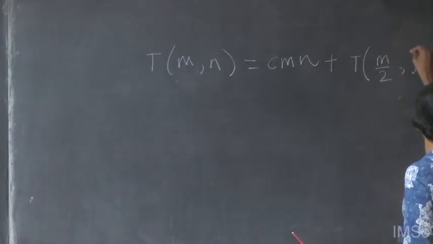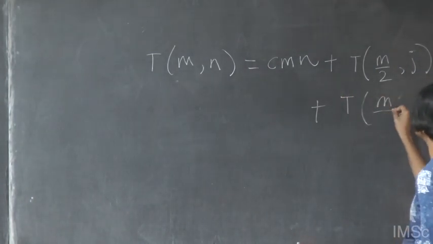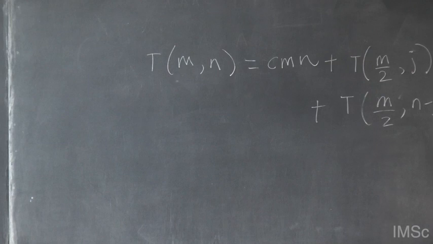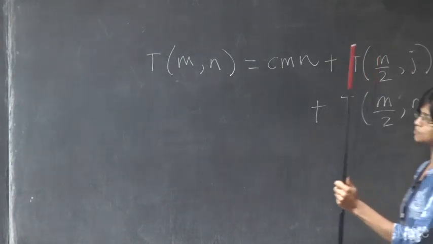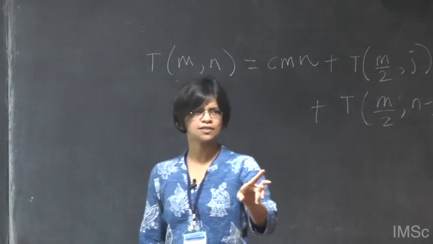So we call it j plus T of m by 2, n minus j, right. Does that make sense? Because we can find out what this j is in quadratic time. Do you agree with that?